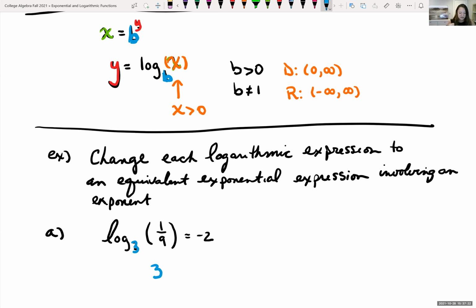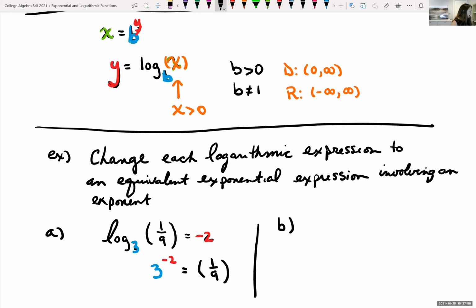Logs are just exponents, so the y value, the -2, is our exponent, and it is equal to what you're taking the log of, which is 1/9. Which is true, right? 3 to the -2 power, we'd bring that down to the denominator, 1 over 3 squared. 3 squared is 9, so we get 1/9. But it just wants us to get the practice of rewriting these in exponential form.